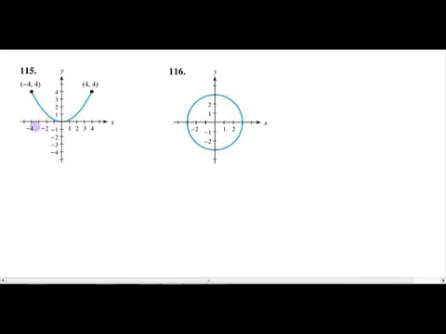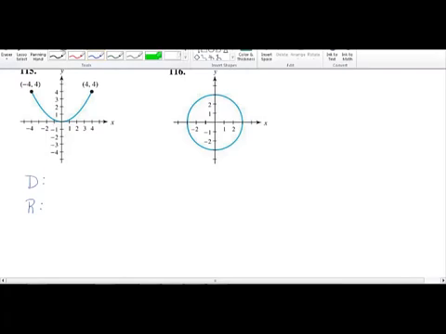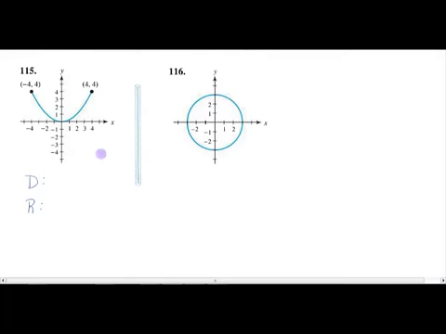Let's see, would a vertical line test pass here? Yes. This is going to pass the vertical line test, so let's find the domain and the range. Now, when you're finding the domain, it's also helpful to roll your pencil across. If we rolled our pencil across with, let's use a vertical line here, then let's see, what is the first x we come to?